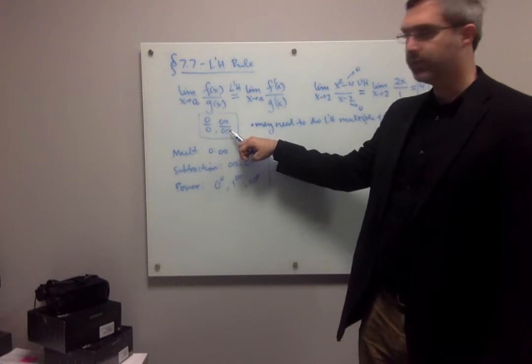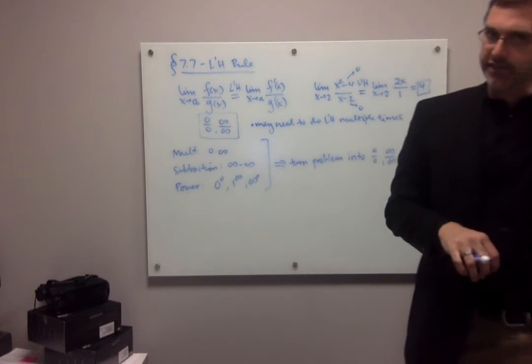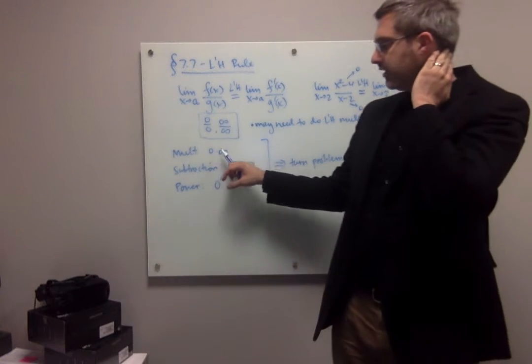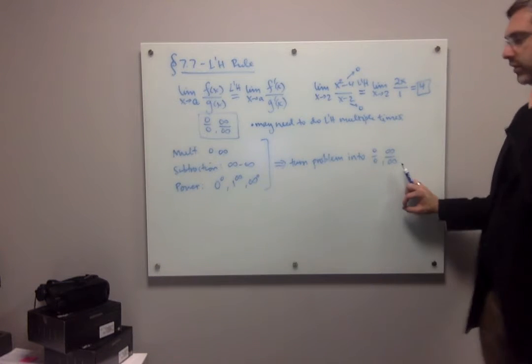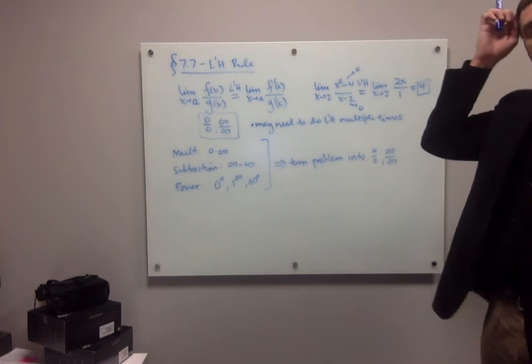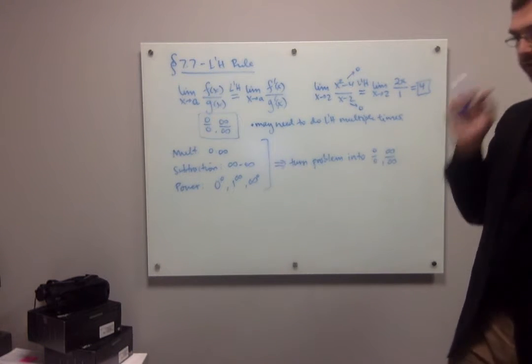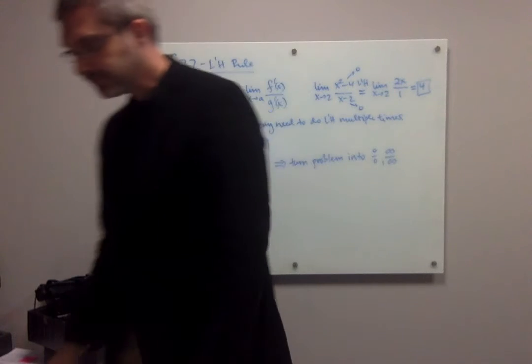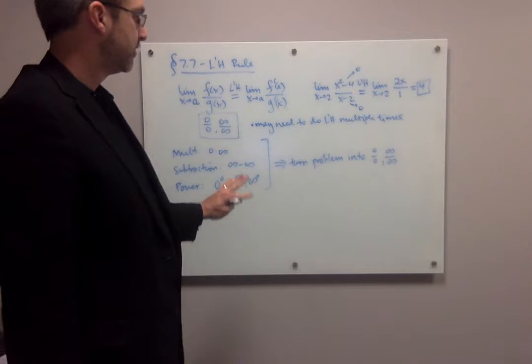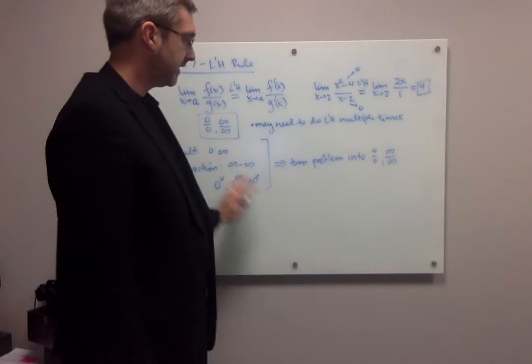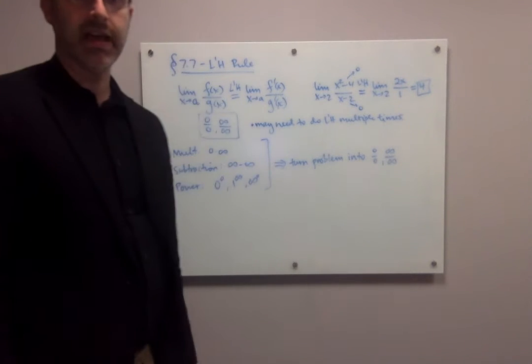You can only apply L'Hopital's rule in these very special cases. But if you can take one of these and turn it into a problem where L'Hopital's rule applies, then you're good to go and you can use L'Hopital's rule, okay? And for each of these, there's kind of a standard way to turn it from the form that it comes in into a form where L'Hopital's rule applies.